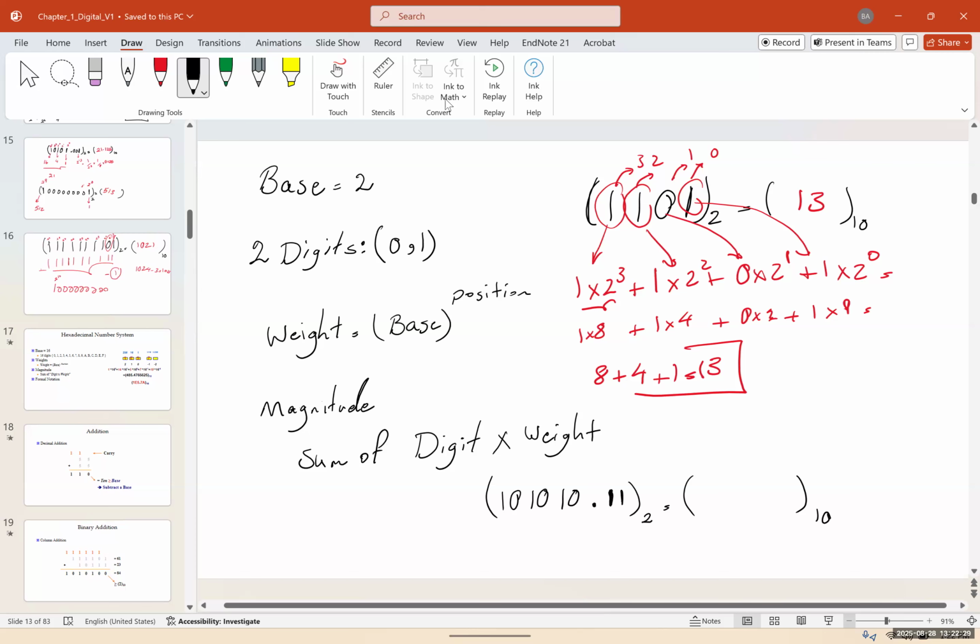Did everyone solve it? What is the answer?